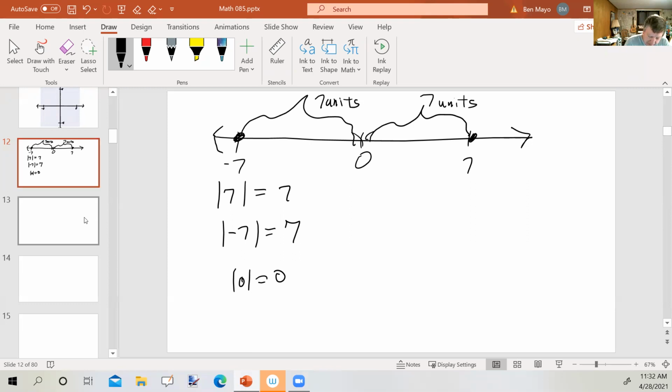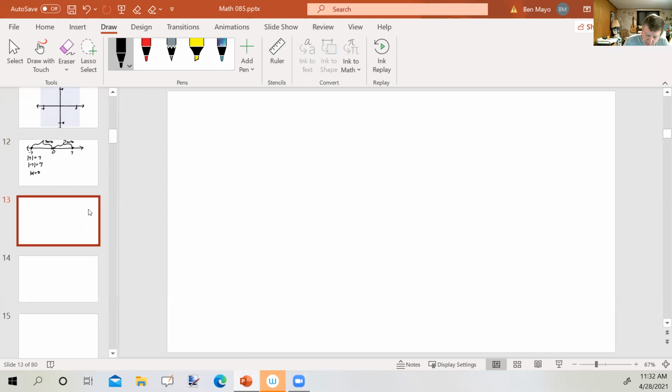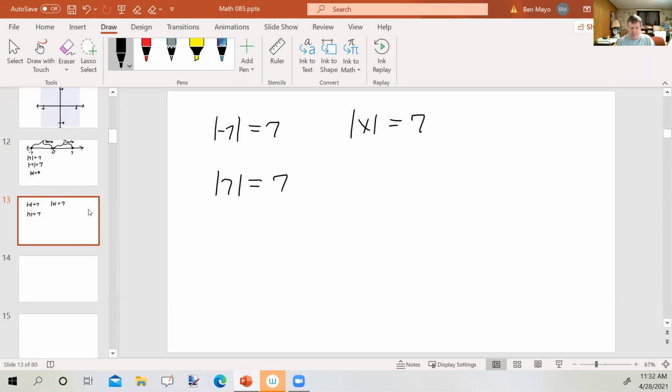All right, now, since the absolute value of -7 equals 7 and the absolute value of 7 equals 7, suppose we had the following equation: the absolute value of x equals 7. Well, if x was 7, the absolute value of 7 would be 7. Or if x was -7, the absolute value of -7 would be 7.